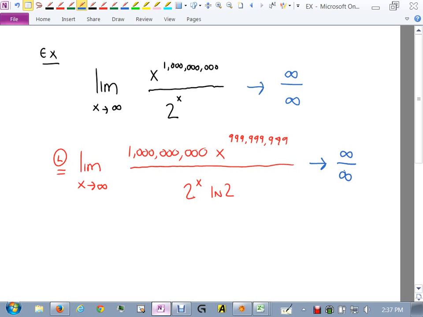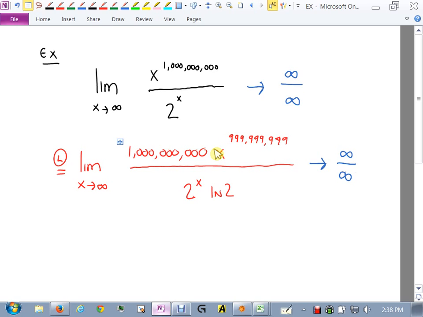What happens every time I take a derivative? On the top, this power comes down 1, doesn't it? Does the bottom change? All that keeps getting tacked on is a natural log 2. So if I keep repeating this process another 999 million times, eventually the top is going to become a constant, isn't it?